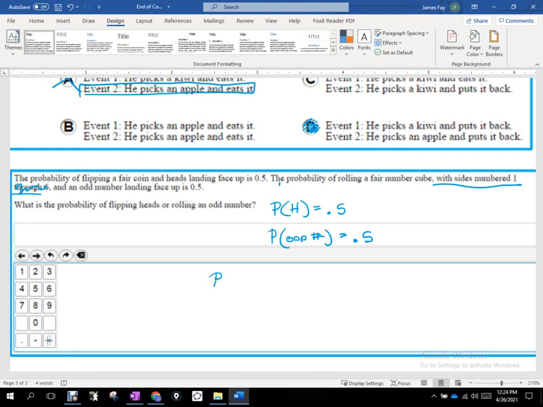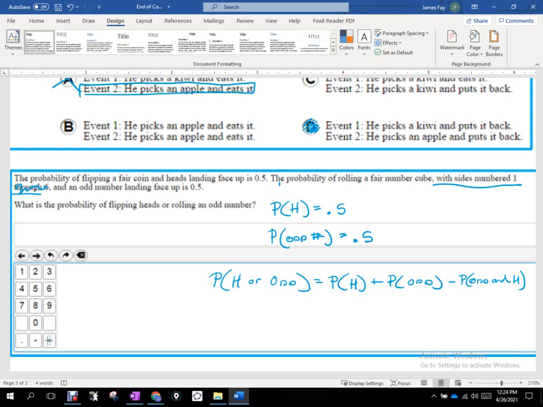Let's think about this. Probability of heads or an odd number is equal to probability of heads plus the probability of odd, right? Does that make sense? Or means plus. Now, remember, we have to remove odd and heads if these events can happen at the same time.